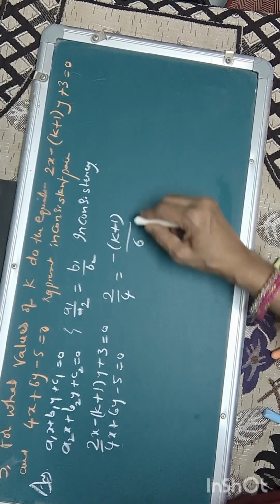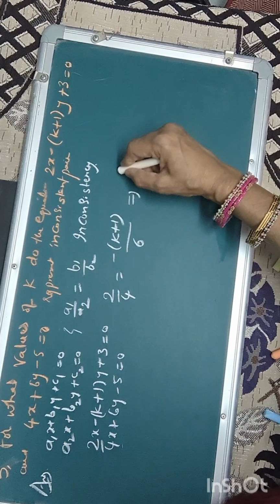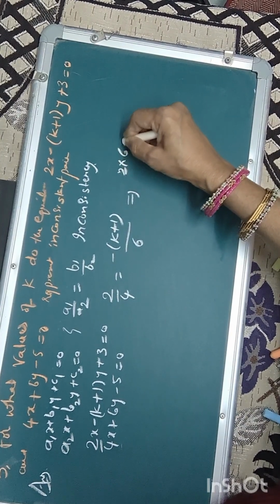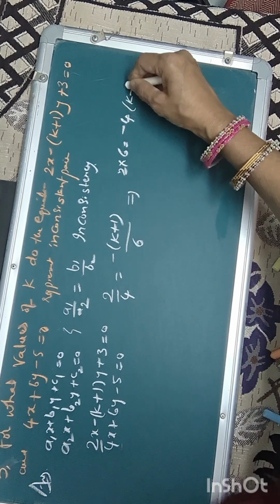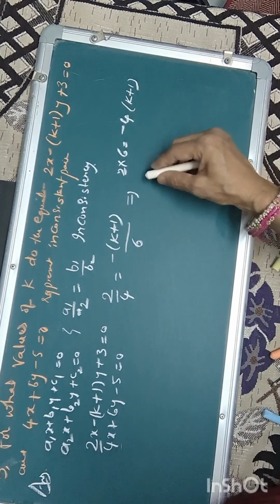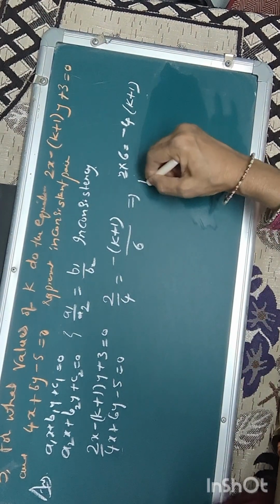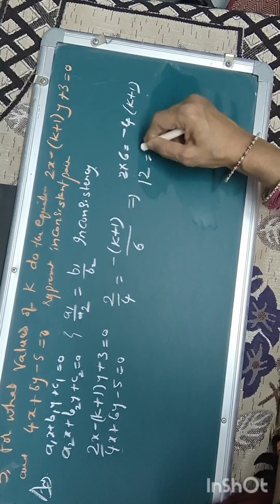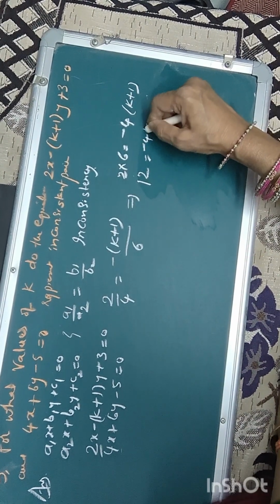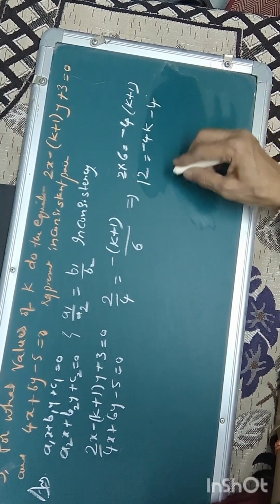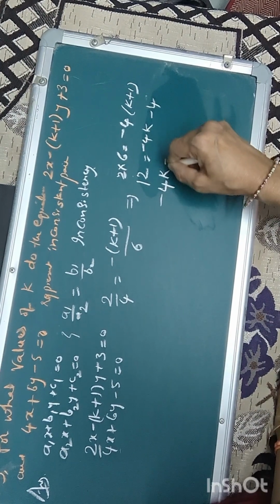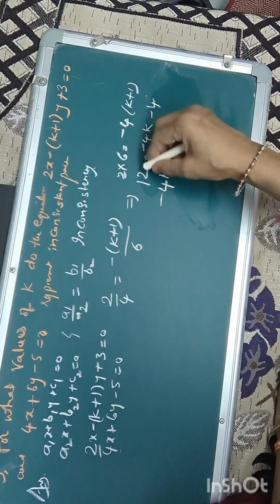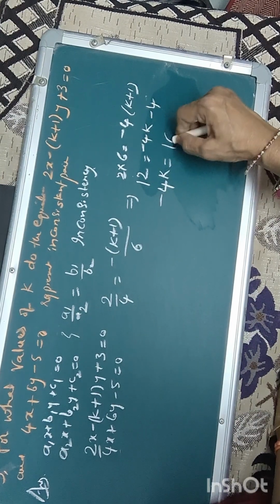So simplifying, what we get? 2 into 6 is equal to minus 4 into (k plus 1). So 12 is equal to minus 4k minus 4. So that is minus 4k is equal to 12 plus 4, 16.